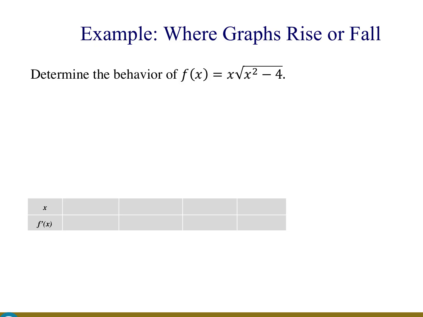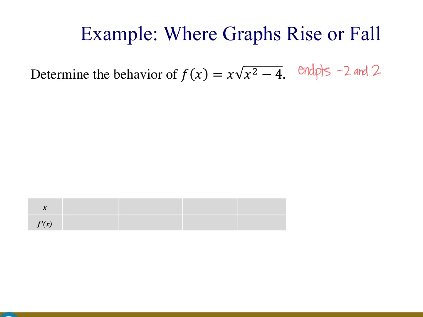This has endpoints, because what can a square root never be? Okay, a square root can never be negative. And so I do have endpoints here, and they are -2 and +2. I can't go anywhere outside of either of those.